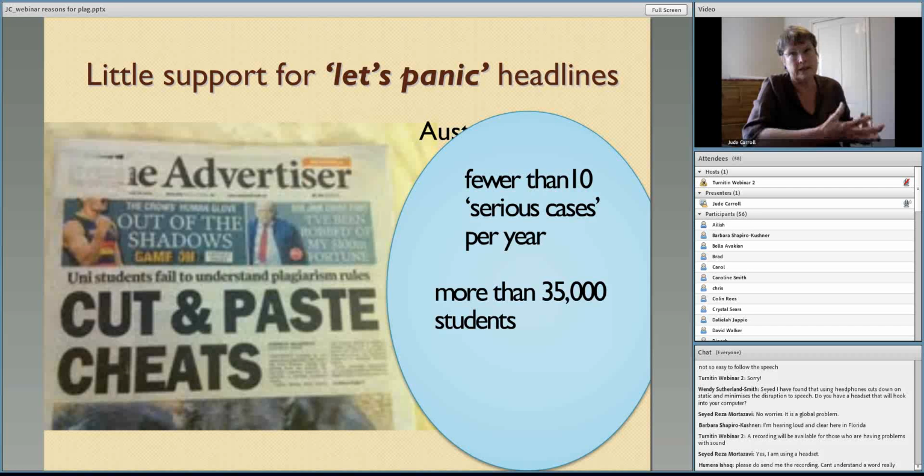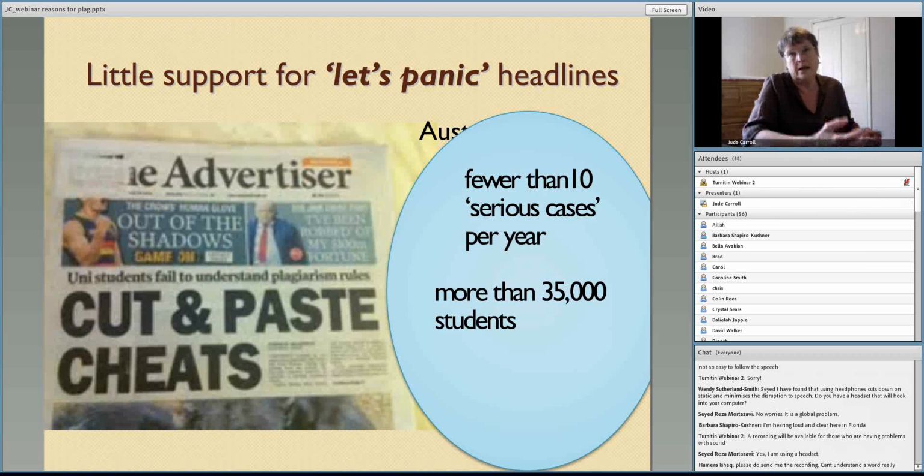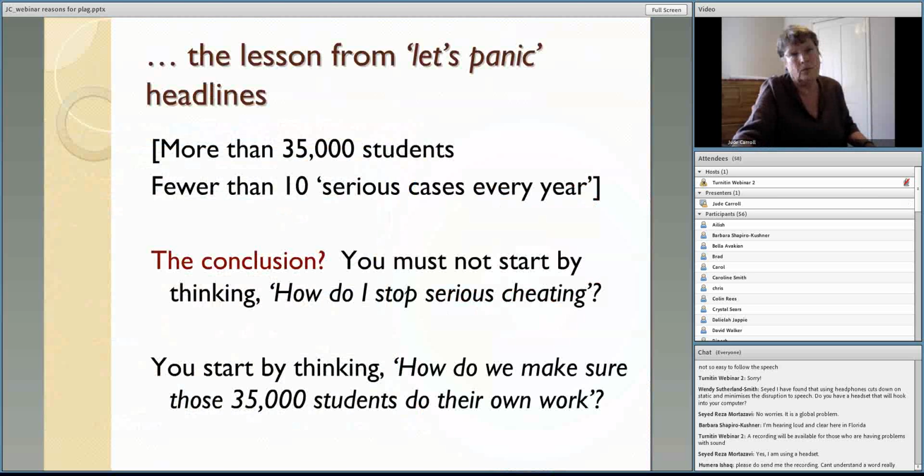I know their systems, I know what they're doing, I know how well engaged they are in dealing with this issue. And they say fewer than 10 serious cases, even if they're out by 100 times. What we know is that the number of very serious cases is much smaller than people want us to panic about.